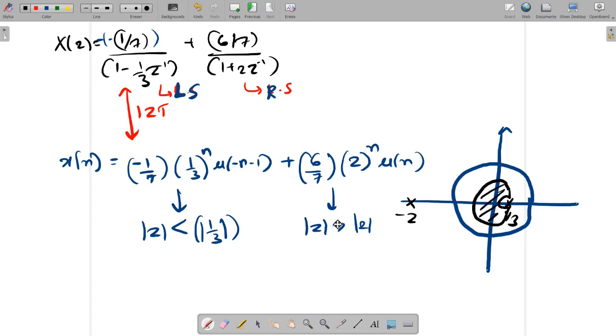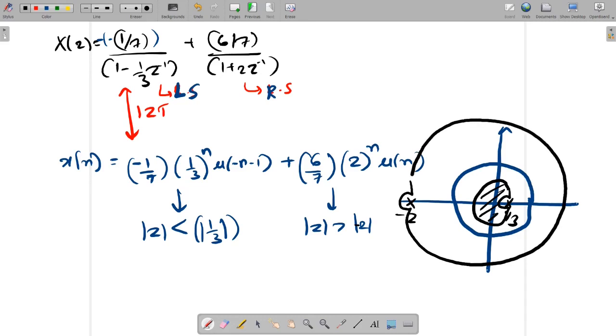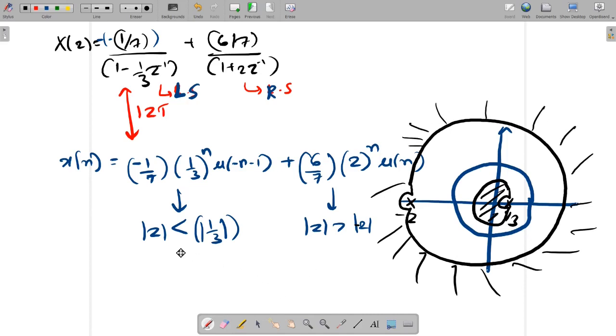What is mod z is more than 2? More than minus 2 means something like this. Okay. So both the ROCs over here don't intersect. ROCs do not intersect.